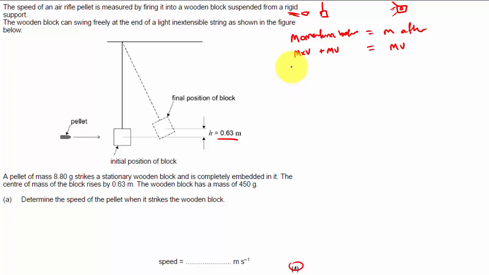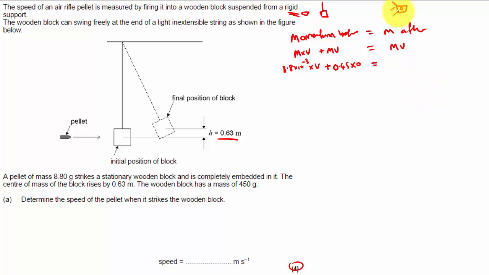The pellet is in grams, so I should put down 8.8 times 10 to the minus 3 to convert it into kilograms, times the velocity of the pellet, which is the value we're trying to find, plus the momentum of the block. The block has a mass of 450 grams, which is 0.45 kilograms, times a velocity of 0 at the beginning.